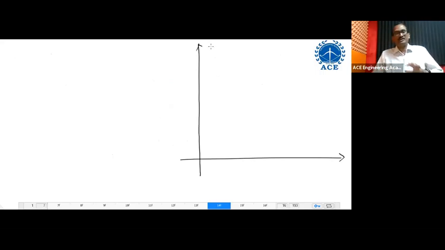Everyone should remember, the solution of a differential equation will represent one curve. After finding the solution, you will get one equation, and for that equation we draw the curve.